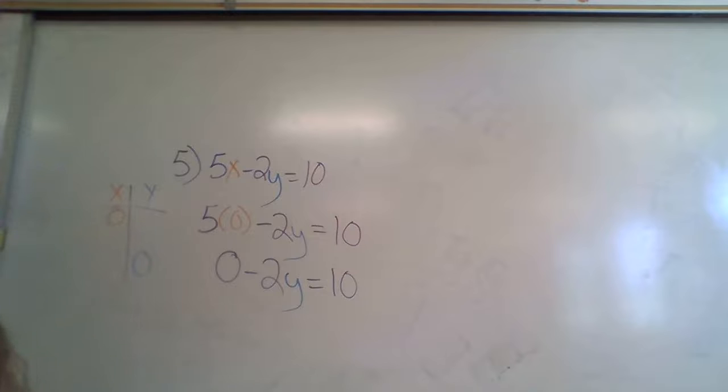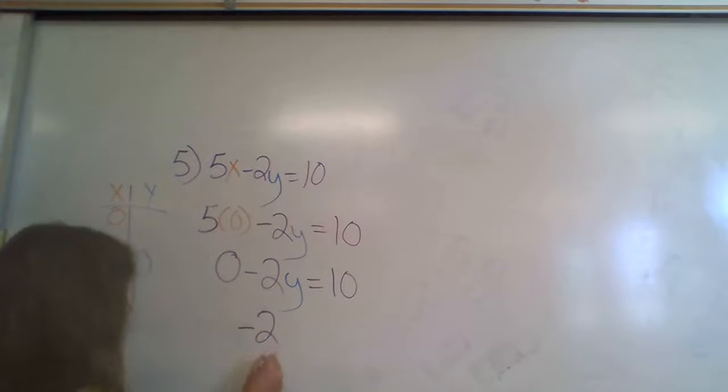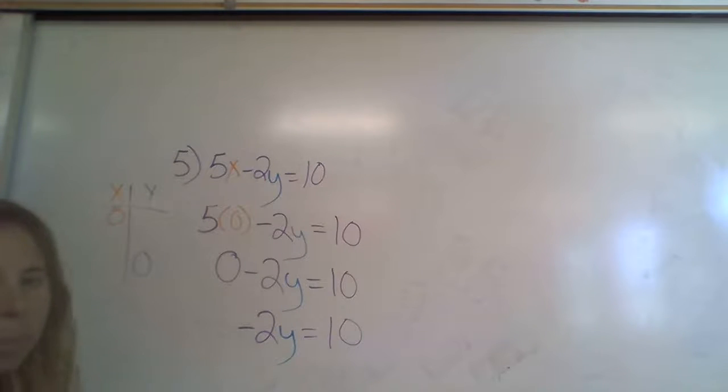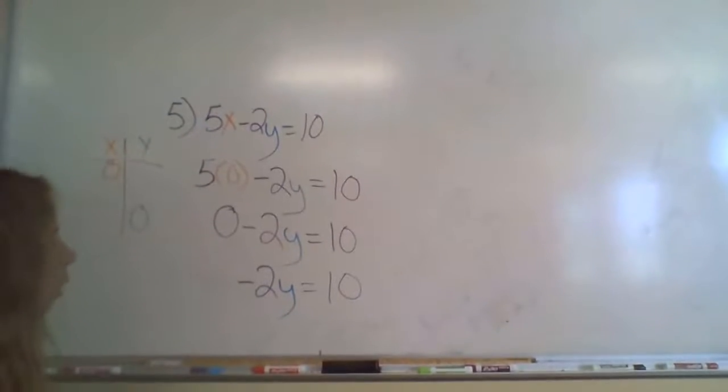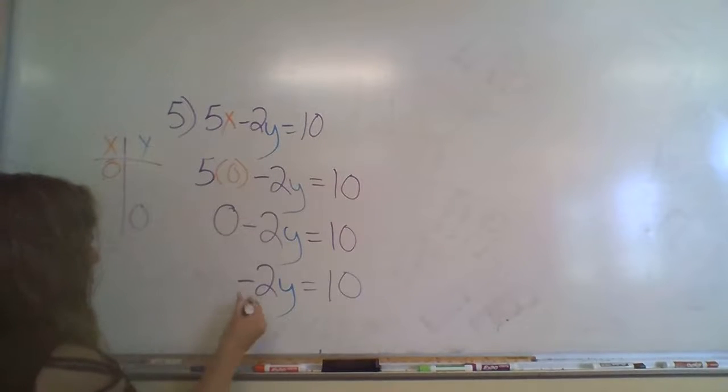I'm going to sit down because I'm old. So you get negative 2y is equal to 10. All right, last step here. You're going to divide both sides by negative 2.